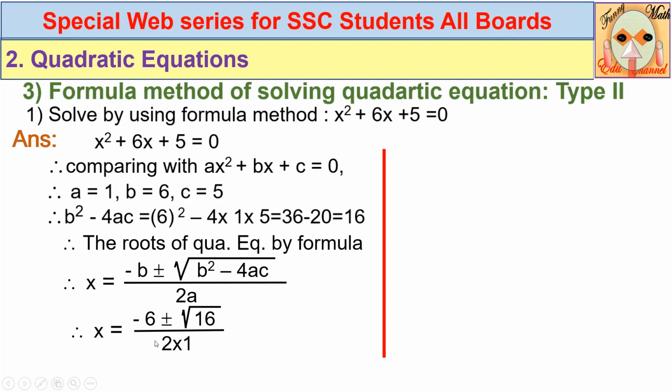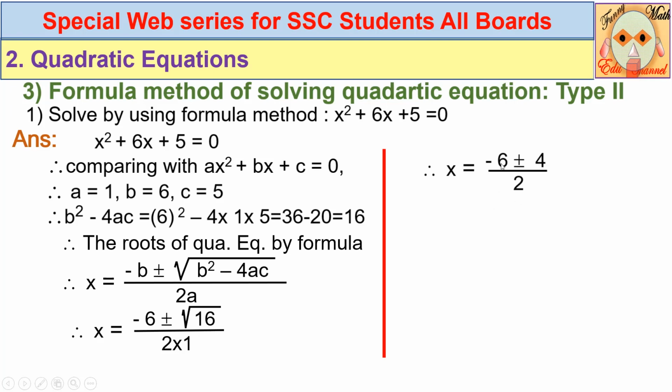Now in the next step you have to simplify, that is, take the square root of 16 and the product of 2 and 1. So in the next step you have x is equal to minus 6 plus or minus 4. See again why we get plus or minus 4: because the square root of 16 is plus or minus 4.